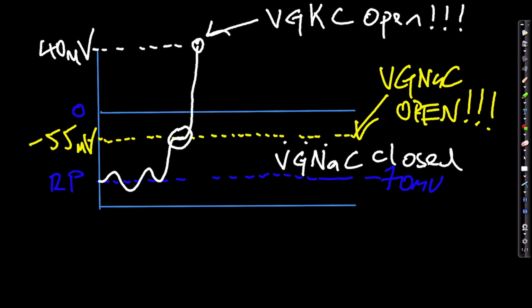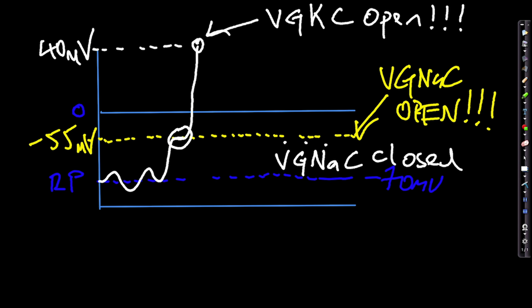Now let's think about the concentration gradients involved here. Again, there's a concentration gradient between the inside and outside with potassium ions, just like there is with sodium ions. However, it is in the opposite direction. There's a higher concentration of potassium on the inside, so potassium ions flow out, this time in the opposite direction to sodium. So potassium ions flow out and take positive charge out of the cell.